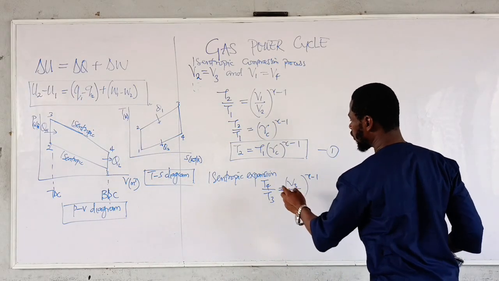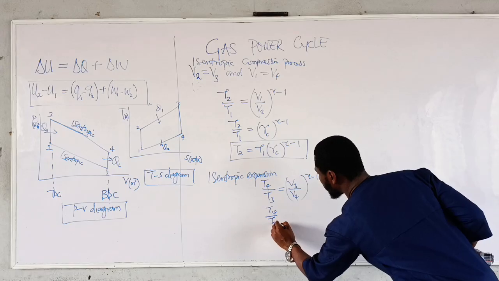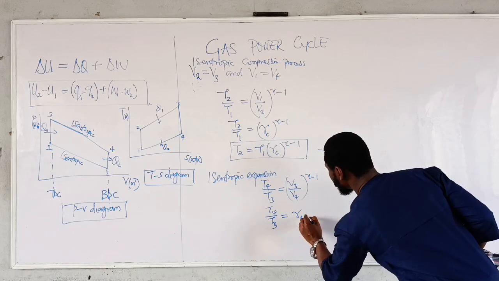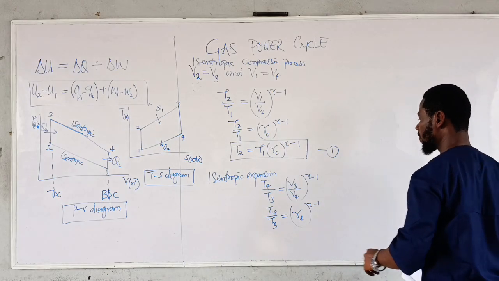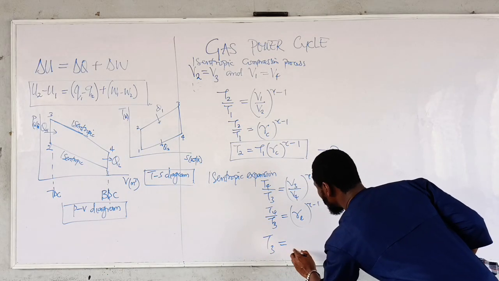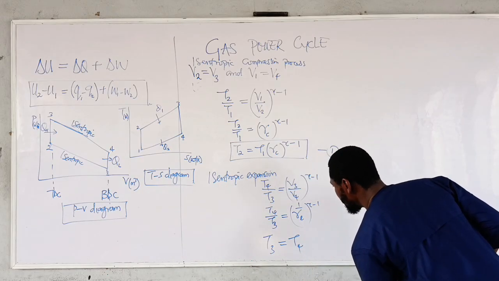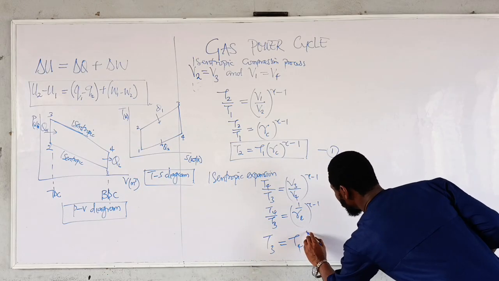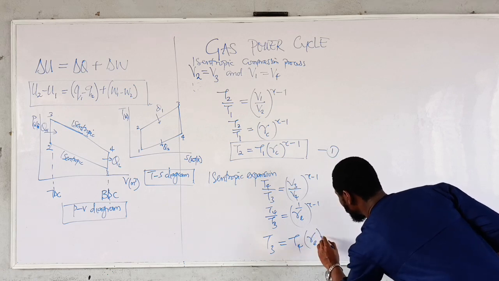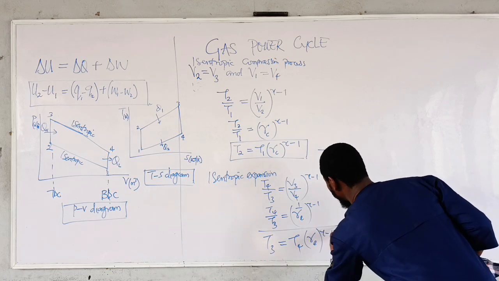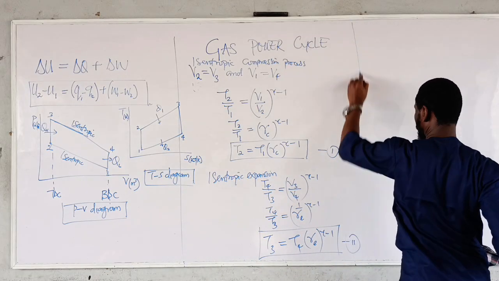So we have T4 over T3 equals r expansion raised to the power of gamma minus 1. Therefore, T3 equals T4 multiplied by r expansion raised to the power of gamma minus 1. We name this as equation 2.